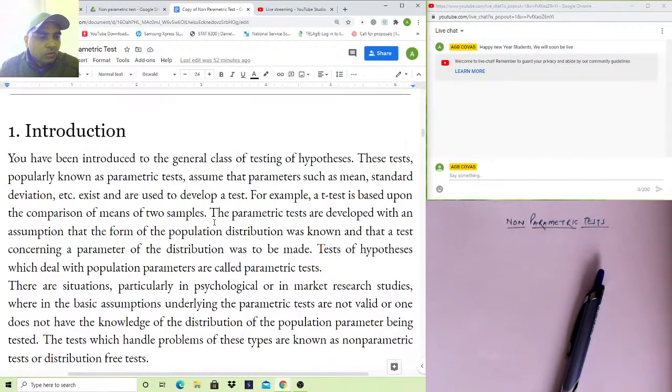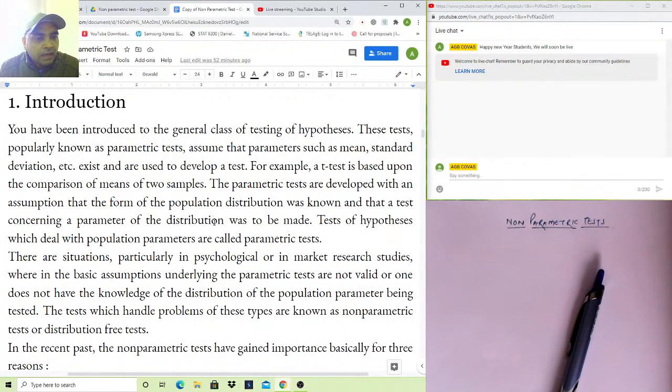You have been introduced to the general class of testing of hypothesis, and whatever tests we were doing up till now are popularly known as parametric tests. They assume that parameters such as mean, standard deviation, etc. exist, and they are used to develop a test.